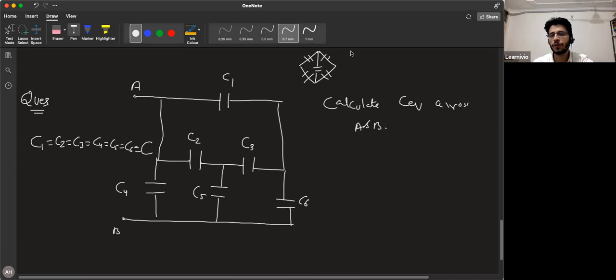We have done several forms of Wheatstone bridge. We did this form also. See, we did Wheatstone bridge for resistors and capacitors, no difference. The circuit analysis is the same. Try to find this circuit here. Your cell is connected between here.